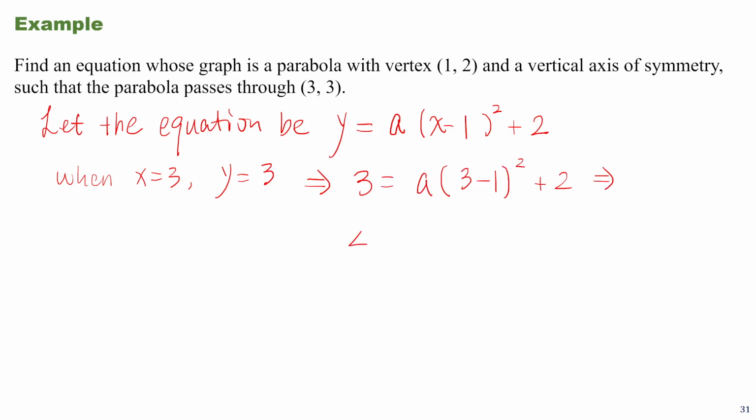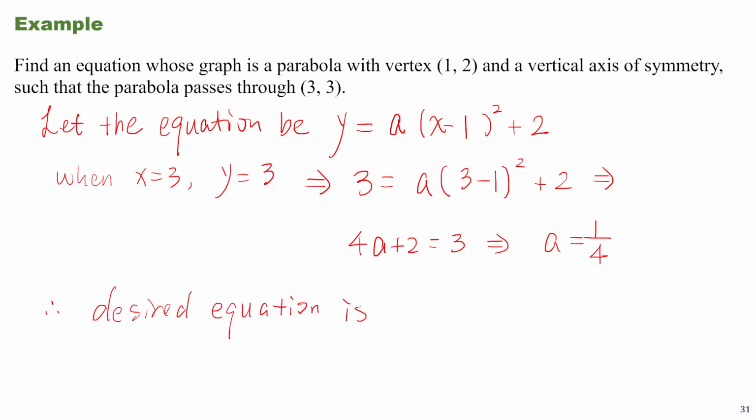This means 4a plus 2 equals 3, which means a equals 1 over 4, and therefore the desired equation is y equals 1 over 4 times (x minus 1) squared plus 2.